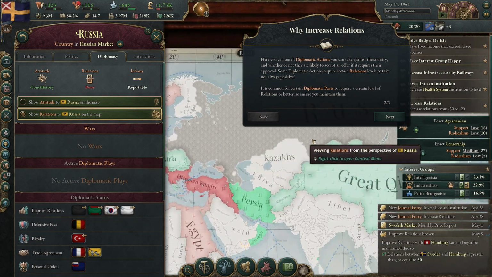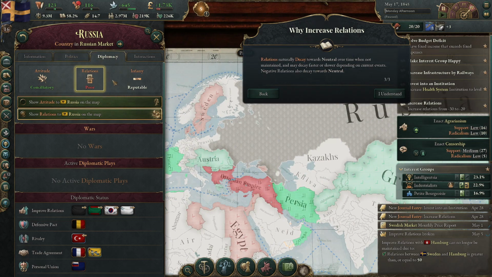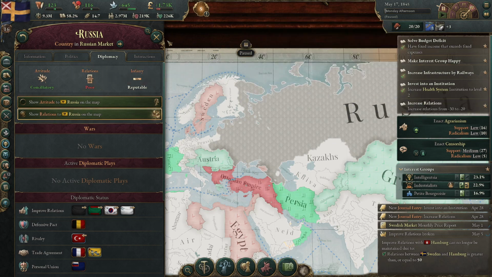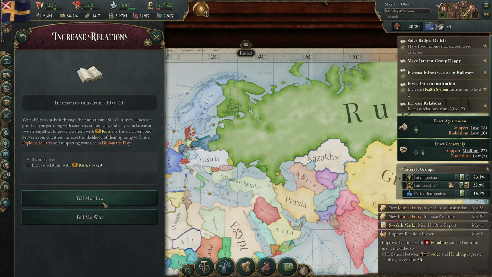So the better the relations of certain things. Okay, relations naturally decay towards neutral over time when not maintained. It must decay. So that's that there. Okay, so we've got to increase relations. Tell me how.